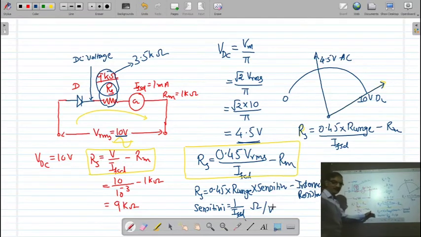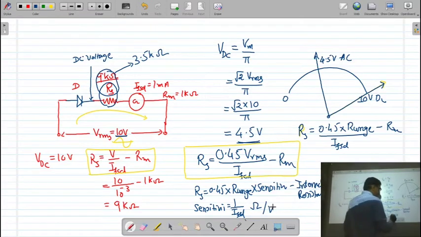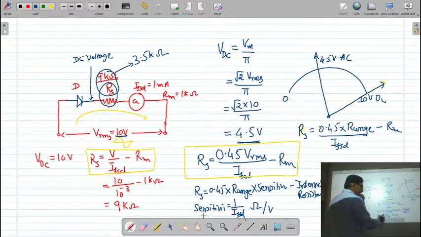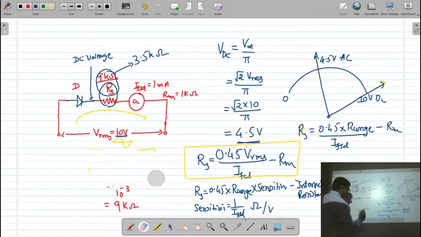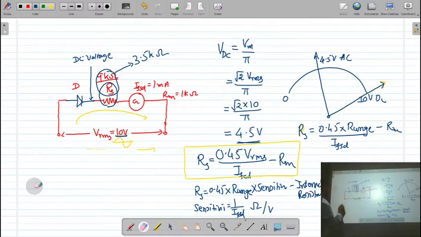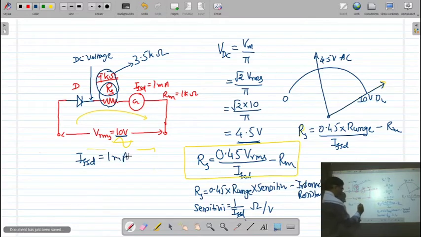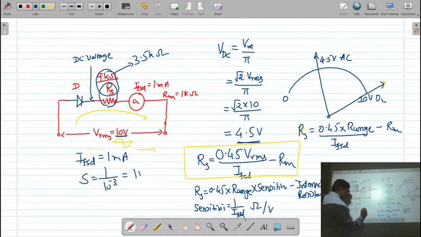Here, in our case, if the IFSD is 1 milliampere, then what is the sensitivity? Then the sensitivity we can write as 1 upon 10 raised to minus 3. This is 1 kilo ohm per volt.